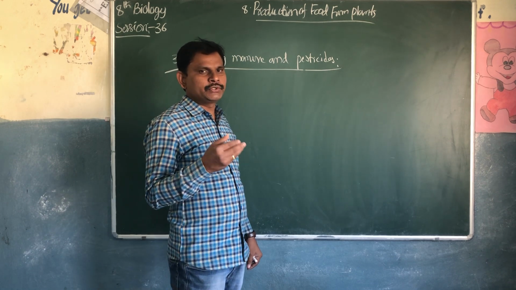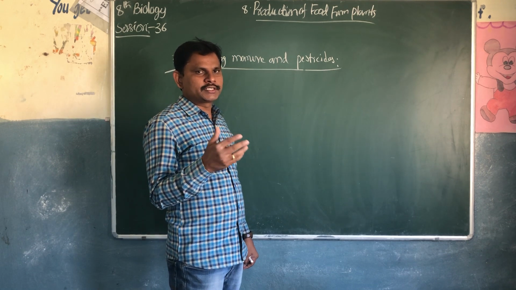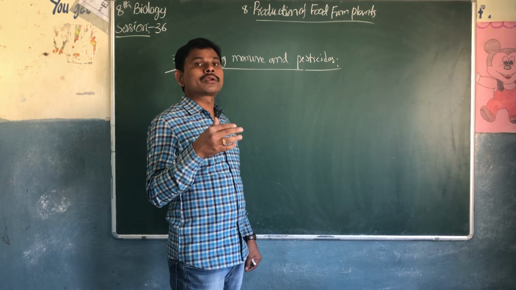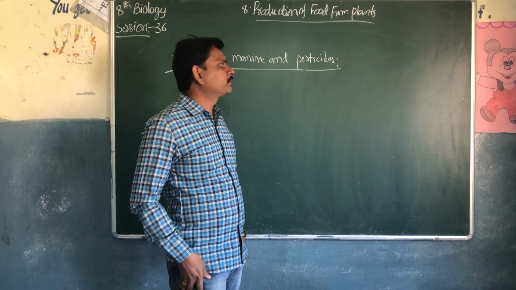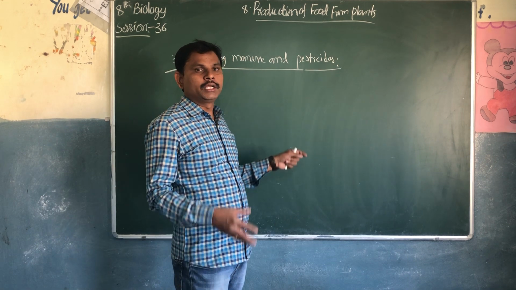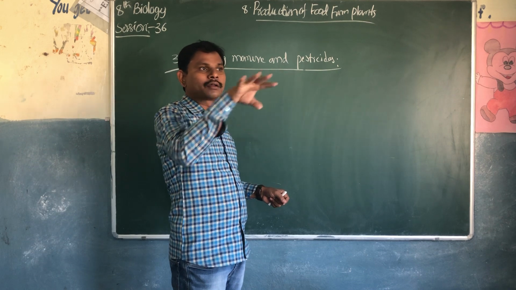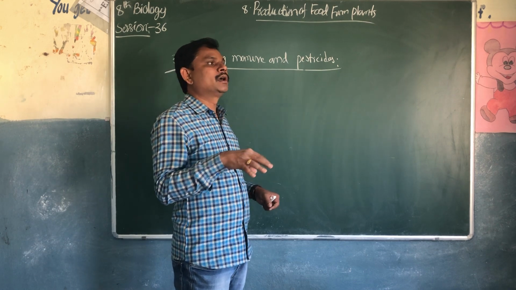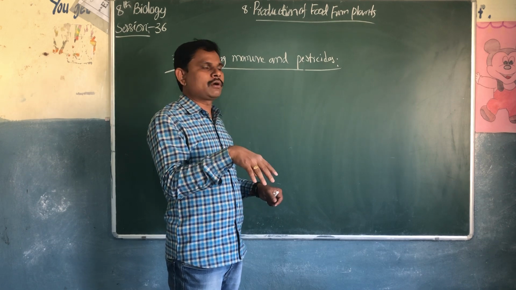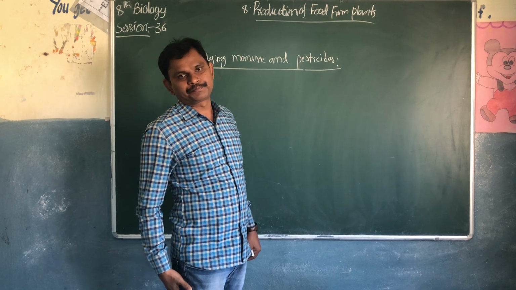When the farmers use it one time and the insect is not killed, they will use a higher concentration of pesticides. When they use more concentration, it affects the other organisms, the environment, the animals, the birds, the microorganisms, and the insects.